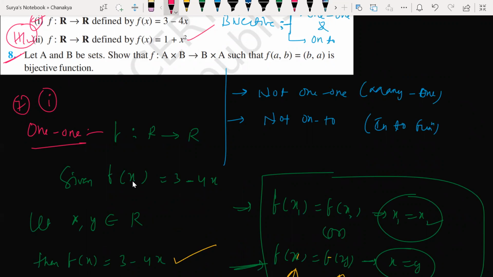Show that f is a mapping from A cross B to B cross A, such that f of (A, B) is equal to (B, A), and that it is a bijective function. Wow. Beta, every question I give you has a small twist, and from every question we learn something new. How can you show that it is a bijective function?